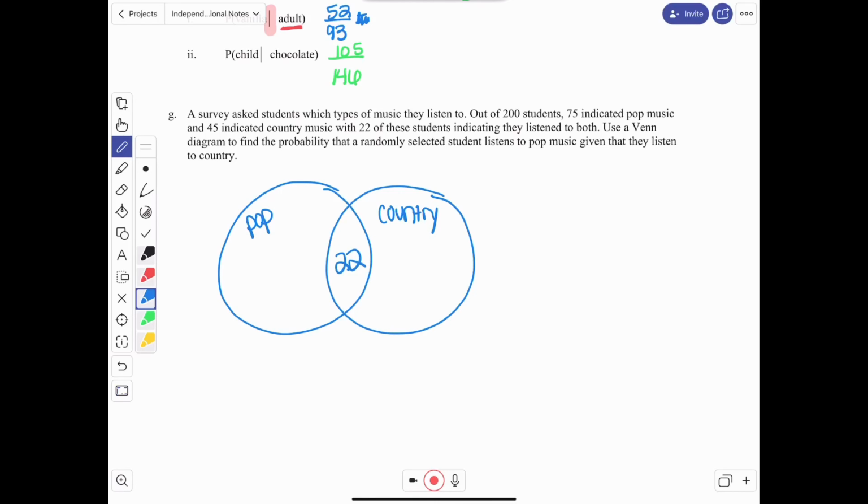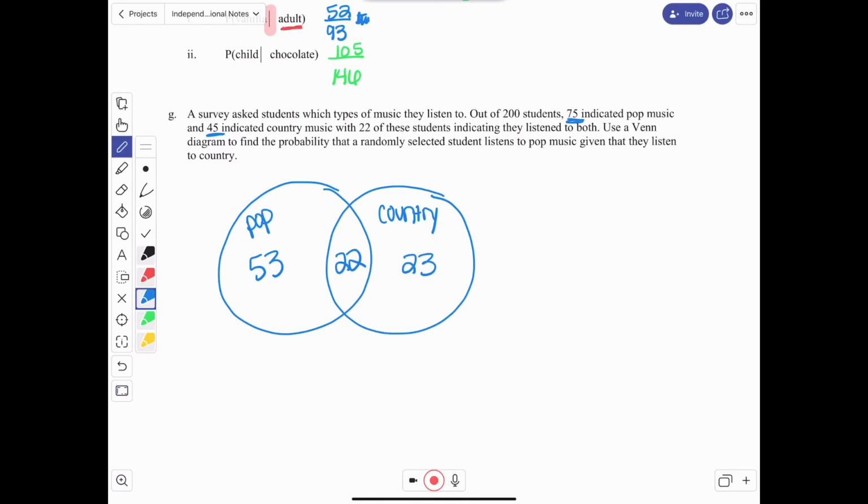So it tells me that 75 listen to pop music. Well, 75 minus 22 is going to be 53. And then 45 listen to country. So if I do 45 minus 22, that's going to be 23, okay?